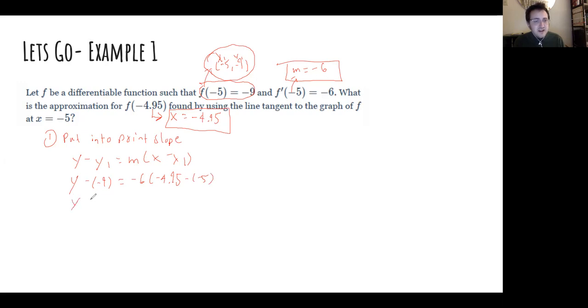So I have y plus 9 equals -6 times, and remember, this is kind of like your order of operations here, so I have -4.95 plus 5. And I'm just going to move the 9 over. So I got -6 times -4.95 plus 5, minus 9, I should say. I moved it over to the other side.